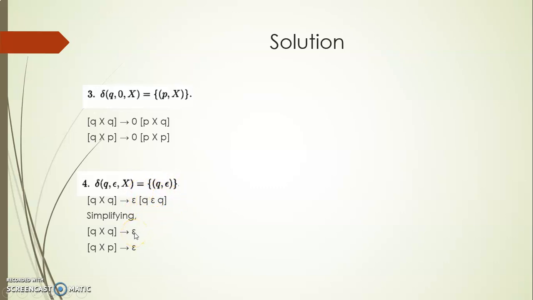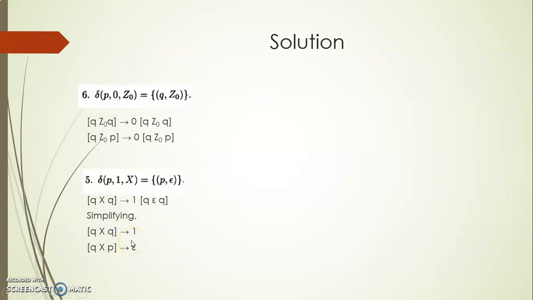It is not necessary that it should move only with Q. It can also contain the other state present in the PDA, which is none other than the state P. So it can be simplified like this. Here also we have only one symbol, so I have only two combinations. Here I have the symbol 1, but I don't have any other symbols, so I'll have only 1. Sorry, it is wrongly written; it is epsilon, it should be 1.